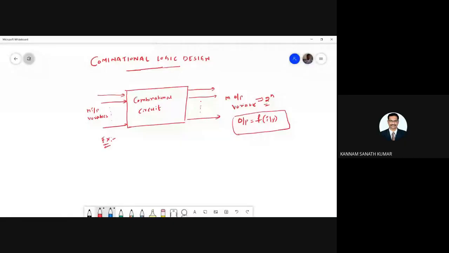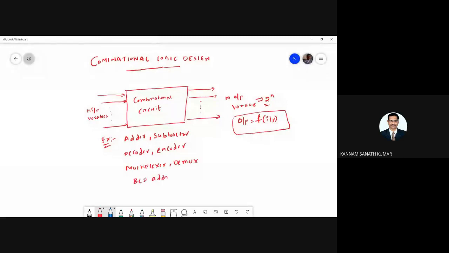Examples of combinational circuits are adder, subtractor, decoder, multiplexer, demultiplexer (demux), BCD adder, and parallel adder.